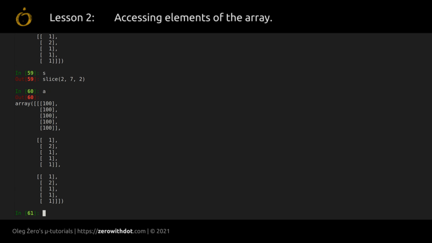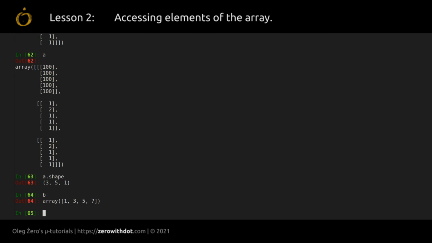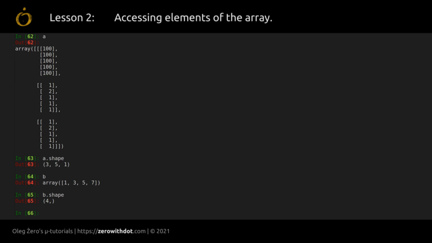Now let's go back to the situation when we want to have A and B interact with each other. How do we do that? Let's observe one single thing. A is of the shape of 3 by 5 by 1, and B is of the shape of 4. It only has one axis defined. So how do we do that?